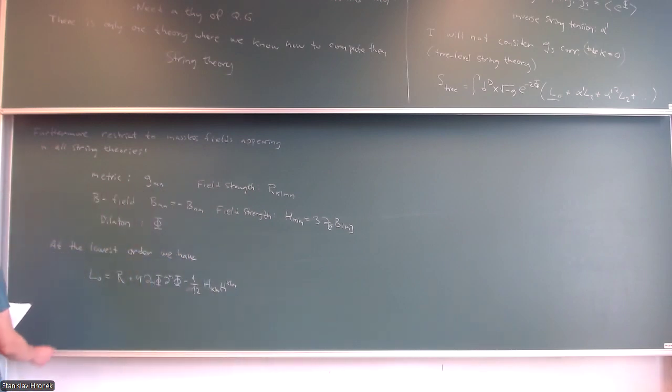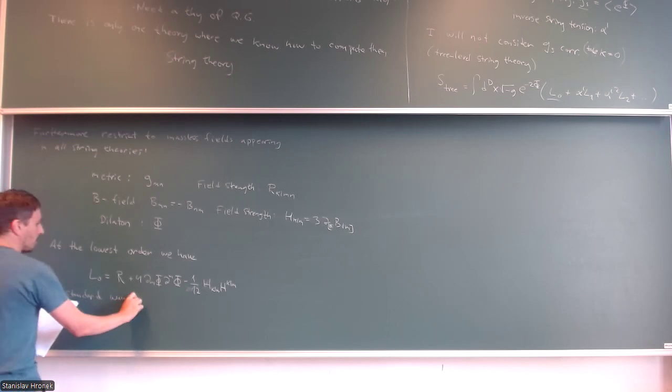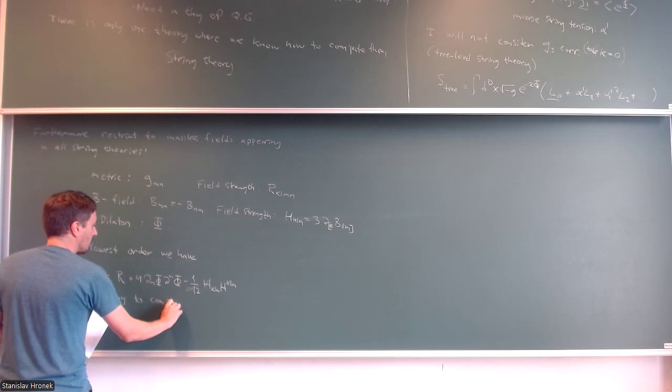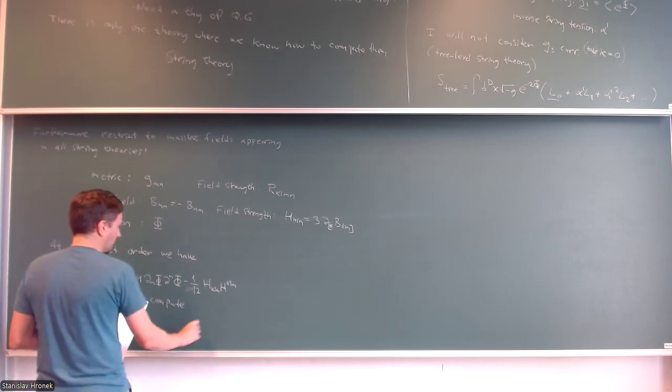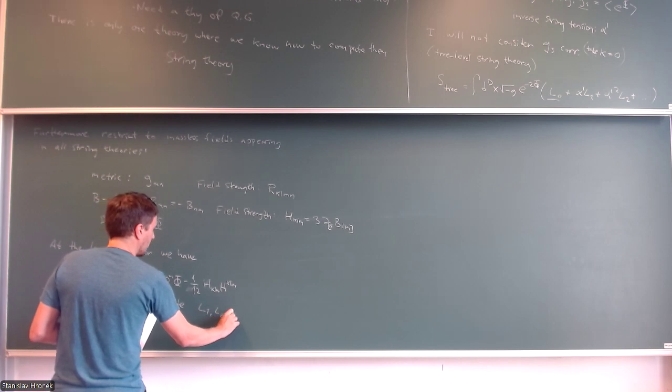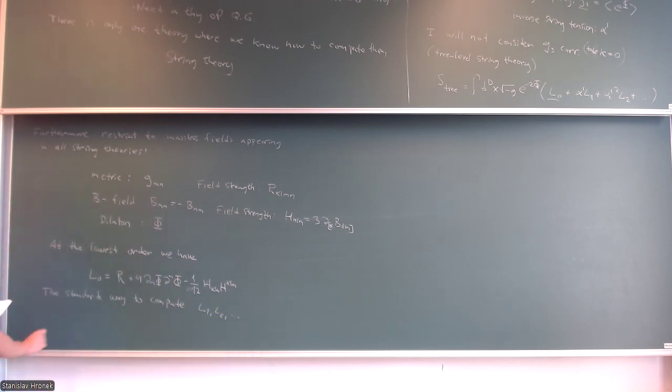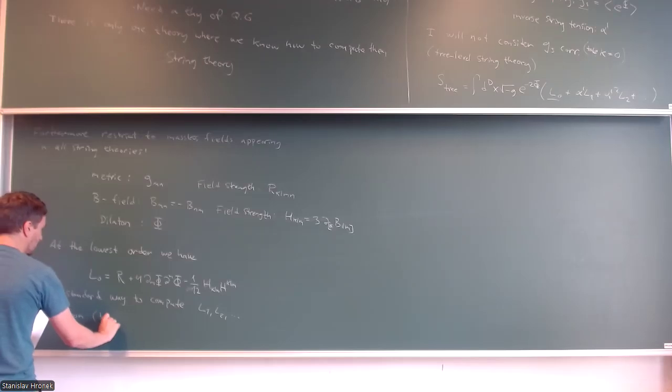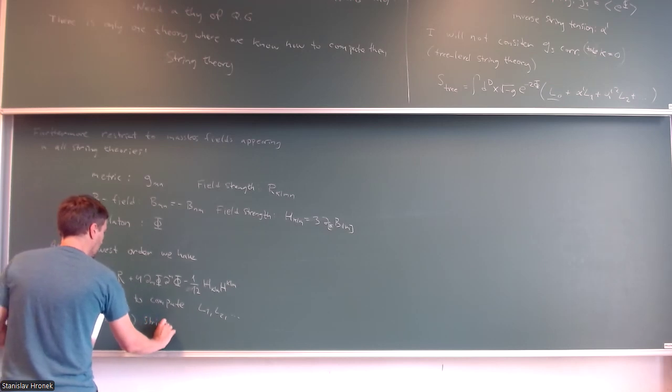Well, the standard way to compute the higher derivative corrections is to calculate string scattering amplitudes, in this case at tree level.